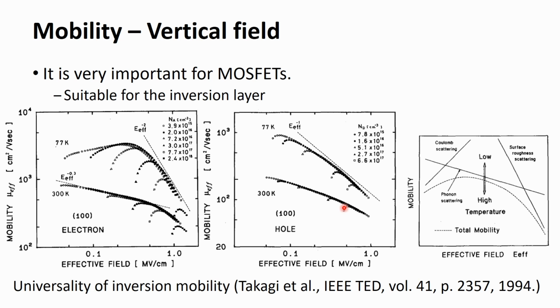This curve is generated from the surface roughness scattering here and the phonon scattering. Only the Coulomb scattering term shows different values for different substrate doping density. Therefore, when you simulate the MOSFET, inclusion of the vertical field dependence is mandatory. Of course, for a PN junction, you don't have to specify it.